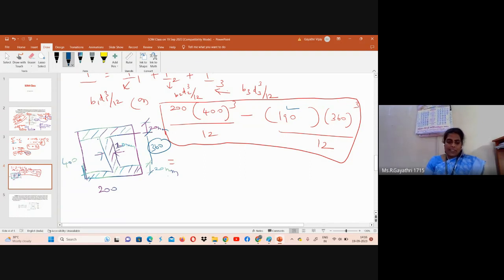Okay, can you tell me your I value now? Please do the calculation. Surya Kumari, your answer, I value. This is symmetric about x and y axis, so we can use this method. We can better cut the web thickness and the flange height from the total rectangle.